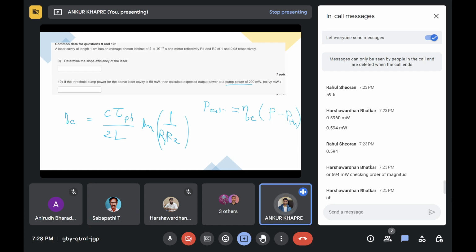I feel you got it now. It's very easy. Just write down 200 minus 50, that means 150 milliwatt, into that eta E value, that is 0.606.